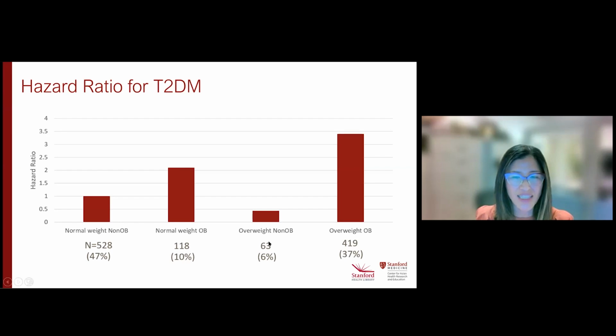And then the least common were overweight by BMI, but normal fat. And then the y-axis represents risk for type 2 diabetes at follow-up. And the highest was maybe what we expect, individuals with high BMI, high fat.